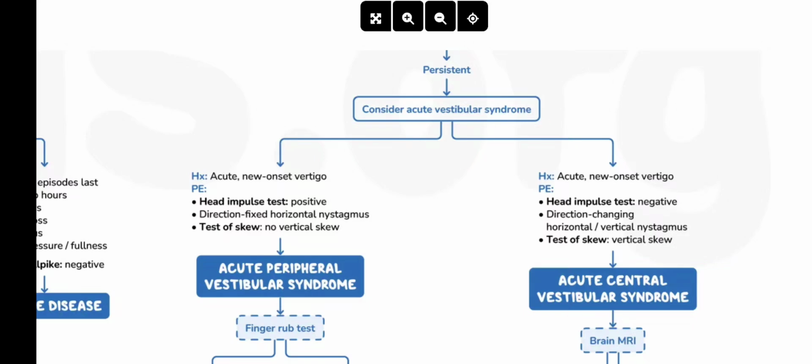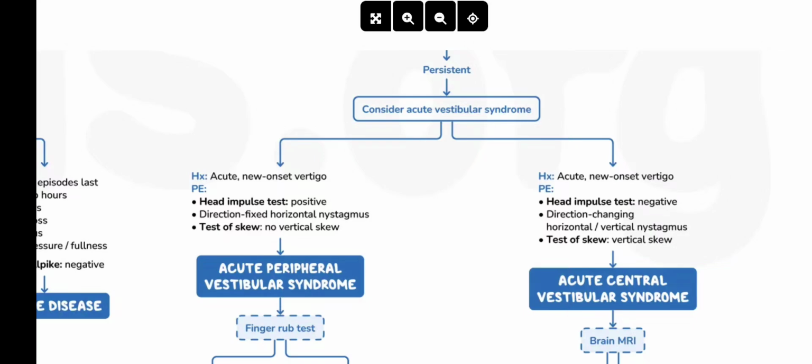So if it's an acute, new onset of vertigo and persistent, not stopping, then do HINTS: H for head impulse test, N for nystagmus, T for test, and S for skew.